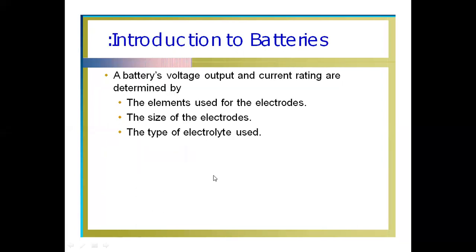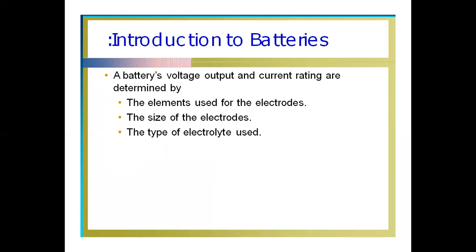Battery voltage output and current rating are determined by certain factors. We always speak of the rating of the battery. The rating of the battery is determined by the elements used for the electrodes, also the size of the electrodes used and the type of electrolytic solution.